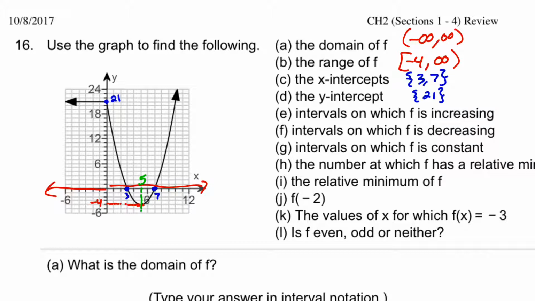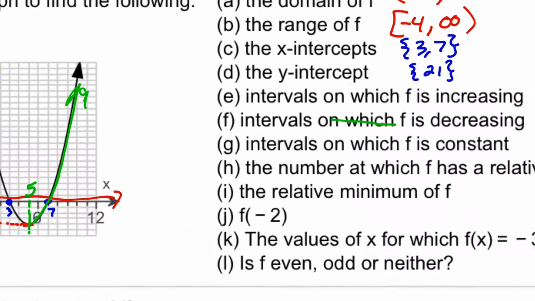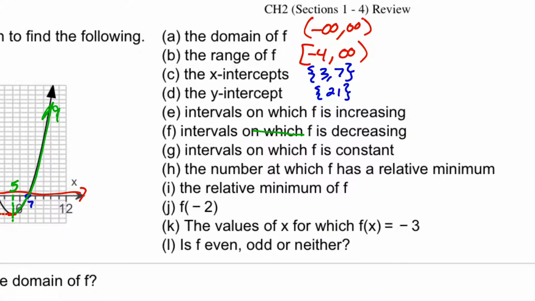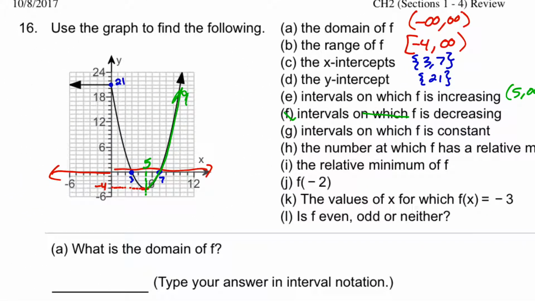So right here at x equals 5, it increases. So that's going to be 5 to infinity. And the decreasing would be from x equals 0 all the way down to 5.